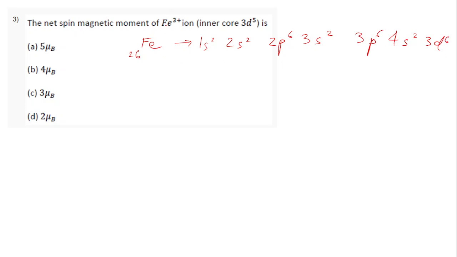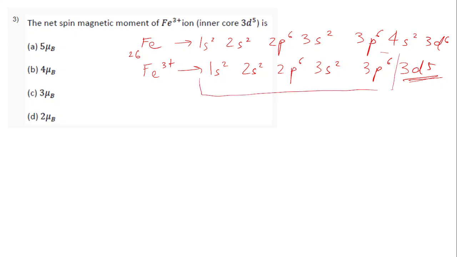Here we need the electronic configuration of Fe3+, meaning 3 electrons are fewer. So the configuration changes to 1s2, 2s2, 2p6, 3s2, 3p6 and 3d5, because these 3 electrons get removed from the 4s and the 3d, as this is the outermost shell. 2 electrons get removed from 4s and then 1 from 3d, and it also leads to a stable electronic configuration.